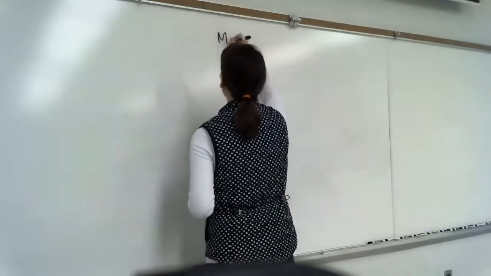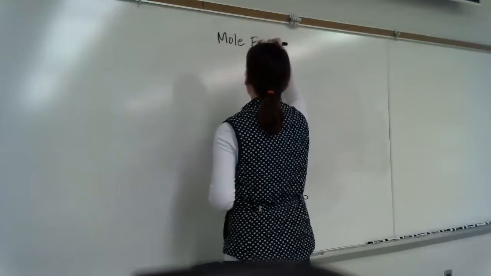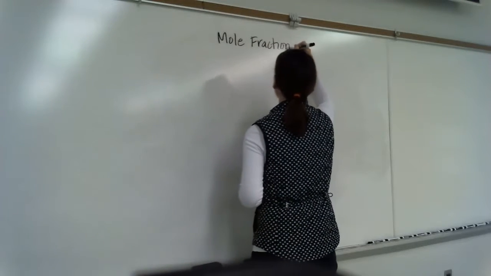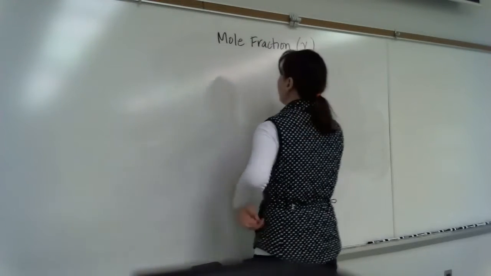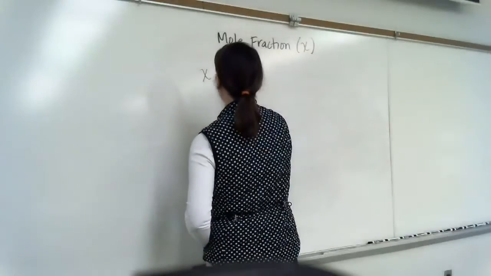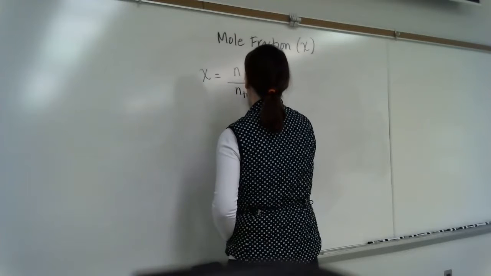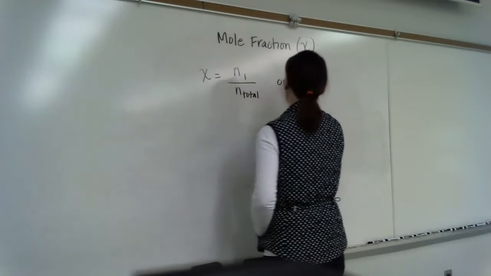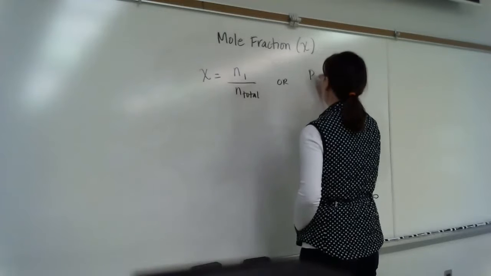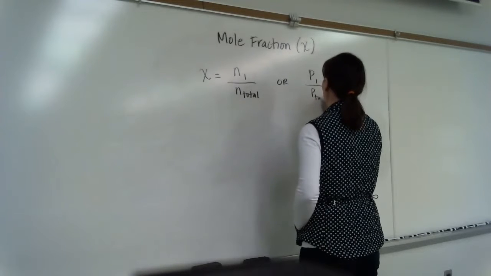So mole fraction, we represent it with the Greek letter chi. And there are 2 ways you can calculate it. So it could be n over n total, or you can do it by pressures, P over P total.